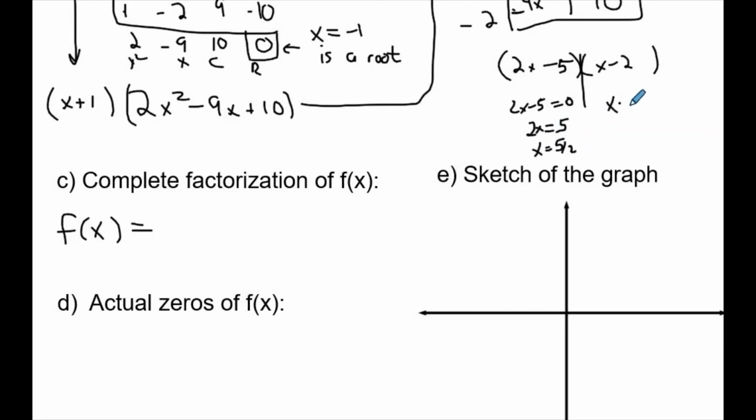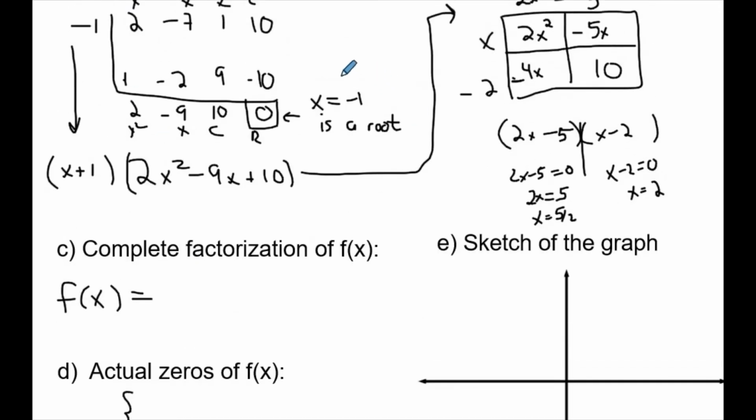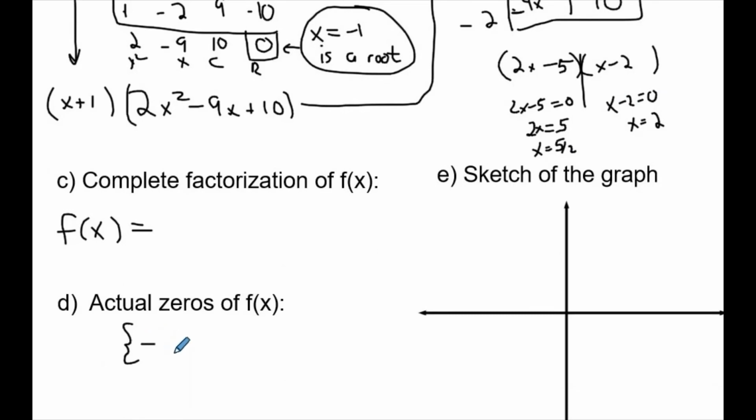And over here, I would subtract this and set it equal to 0, so that would give me x equals 2. So please put these zeros or roots in order, as we've learned from the beginning of the year. In order, my first root that I found right here is negative 1. Then I have 2 and then 5 halves. So negative 1, 2, and 5 halves.